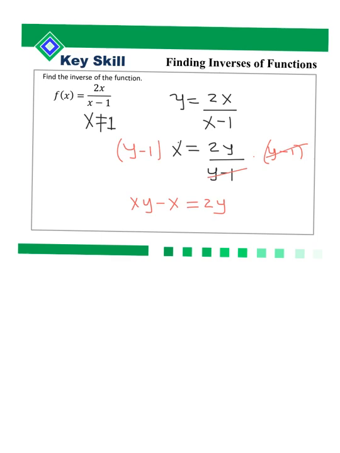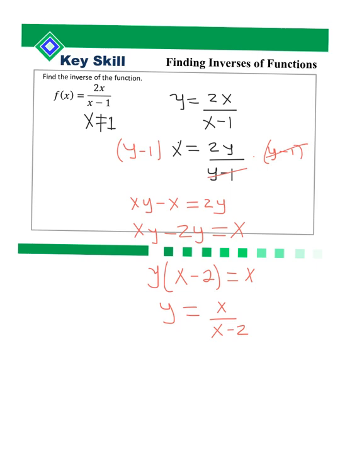Then let's put the y on one side, so xy minus 2y. And let's add x to both sides. Then I'm going to factor the y out because the goal is to isolate y. So y times x minus 2 equals x. So y equals x over x minus 2.